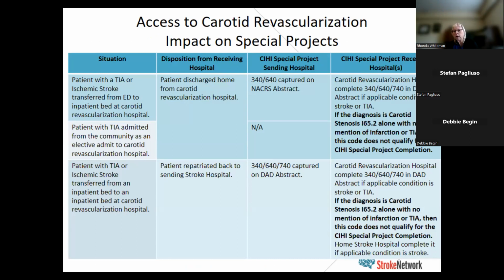In this situation, the sending hospital would complete the 340 in the NACRS abstract, and the carotid revascularization hospital, if the patient's discharged home, would complete the special projects if the applicable condition is stroke or TIA.